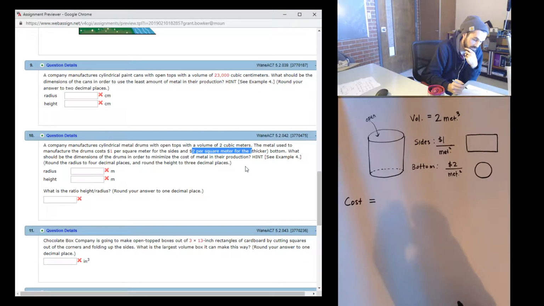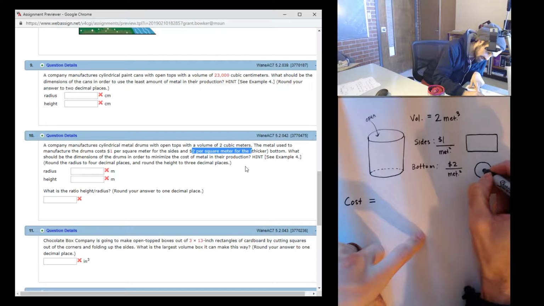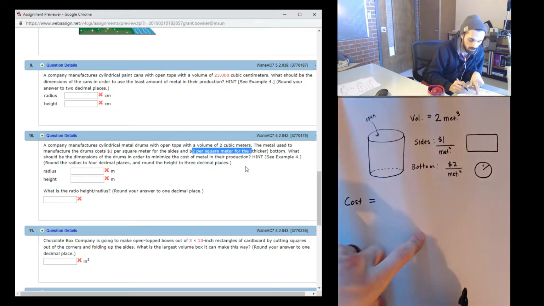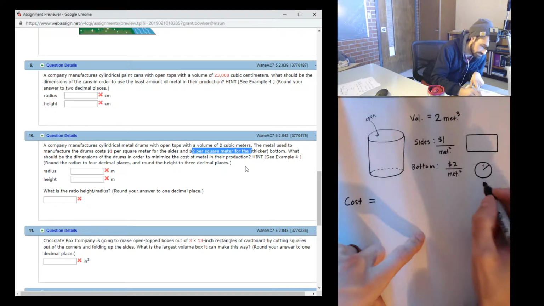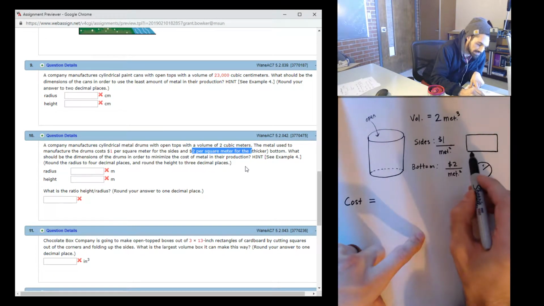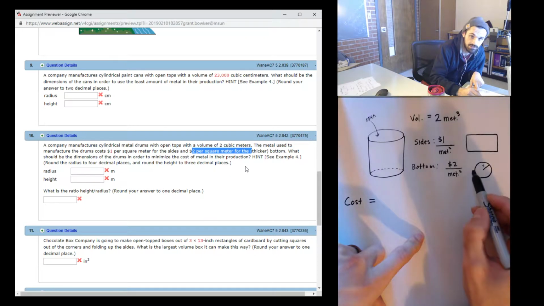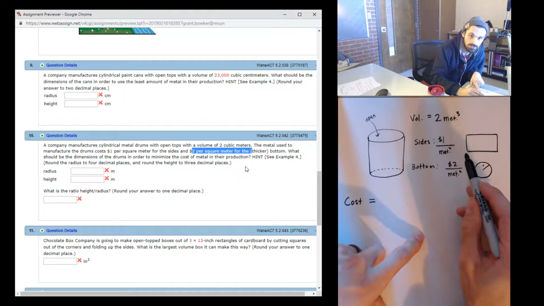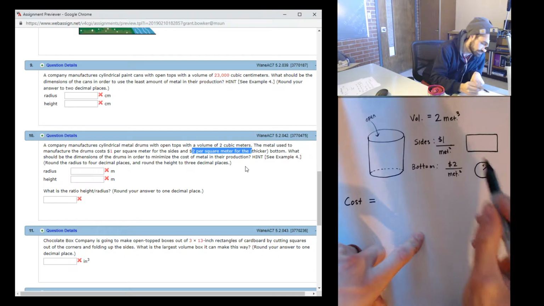So we should put some dimensions on this. So let's start by looking at the circle. And we'll give it a radius of r. Which means that this bottom of the rectangle would have to be attached to the circumference of this circle. So the circumference of this circle is equal to the length or the width of this rectangle.